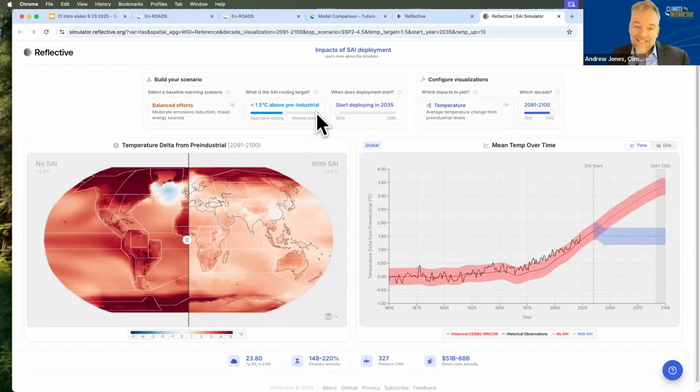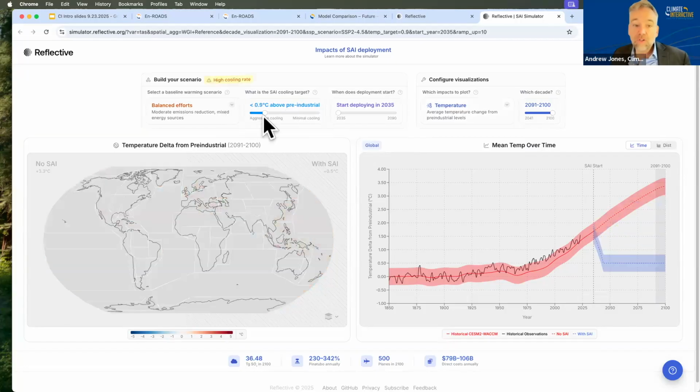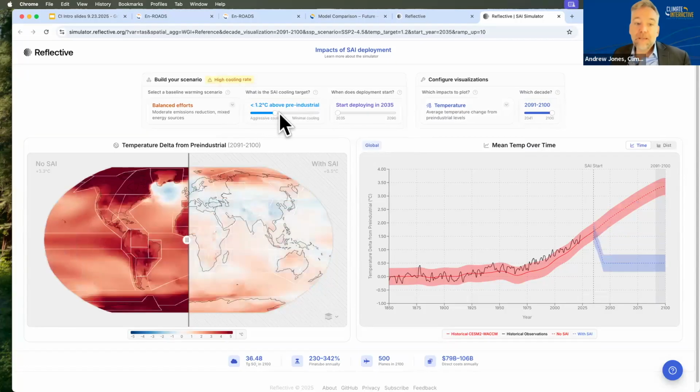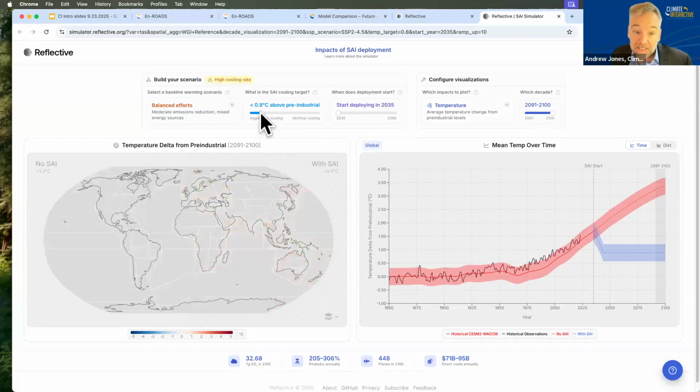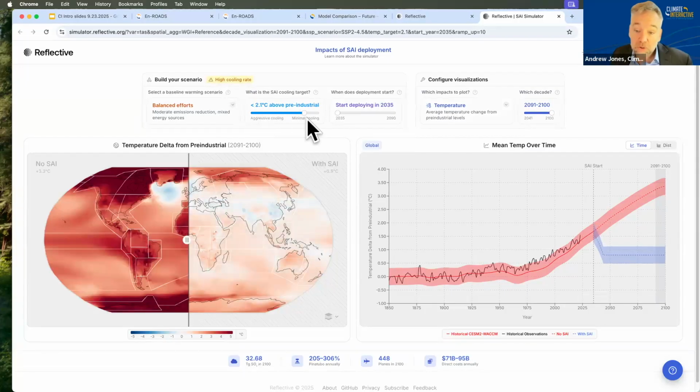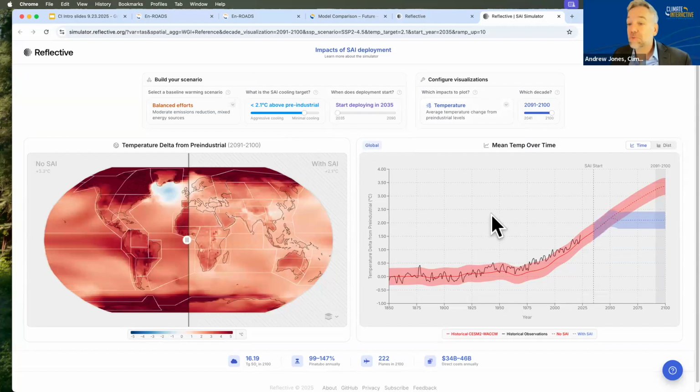It is only on SAI deployment. It's called Reflective. It allows you to go from aggressive cooling to minimal cooling, and explore temperature and then what happens to precipitation and a variety of factors, and really just learn about it a lot. So go look at this Reflective simulator.